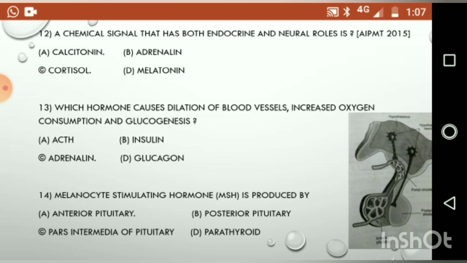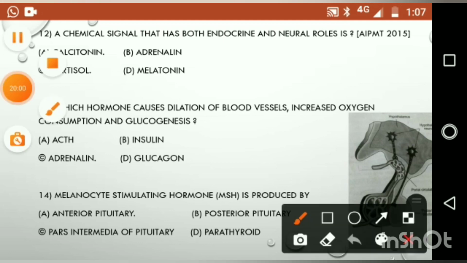I used to remember it like A for anterior, A for adeno. So anterior pituitary secretes many important hormones, whereas posterior pituitary does not make any hormones, it only stores and releases them.